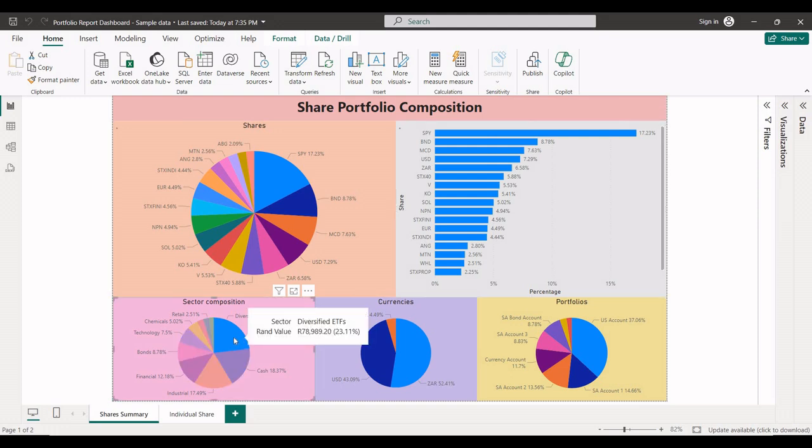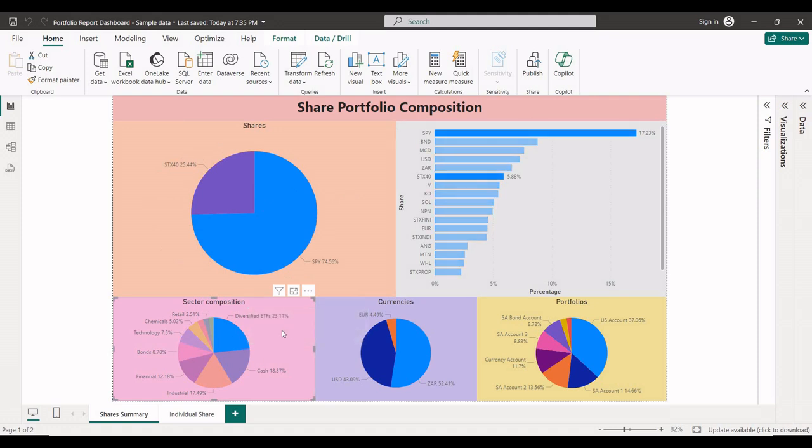So clicking the slice, we see that this diversified portfolio section in terms of shares, 25.44% of it is the STX 40 or the Satrix 40 ETF, and 74.56% is made up of the SPDR S&P 500 ETF Trust.